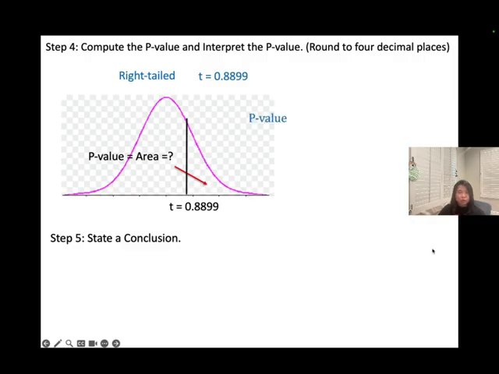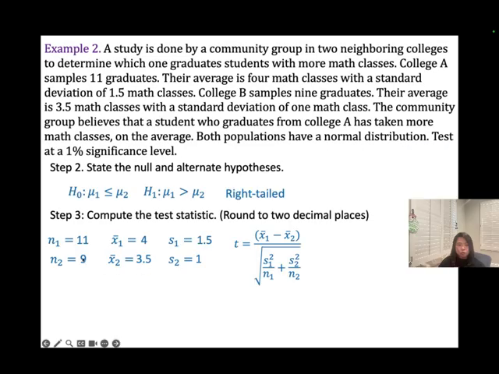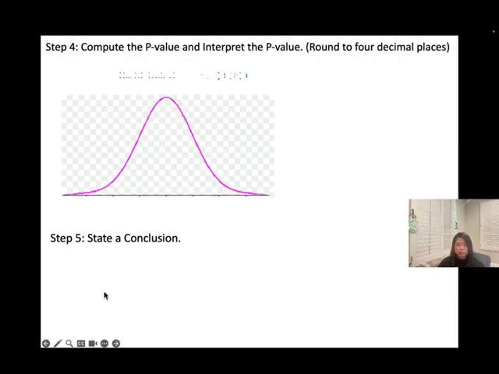So how can you find the p-value? That will be the tcdf, lower value, upper value, and then the degree of freedom. Remember how to find the degree of freedom? You're gonna choose the smaller sample size. Okay, so that will be 9. And then n minus 1, which is gonna be 8.